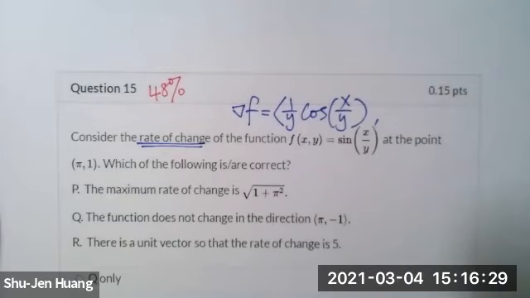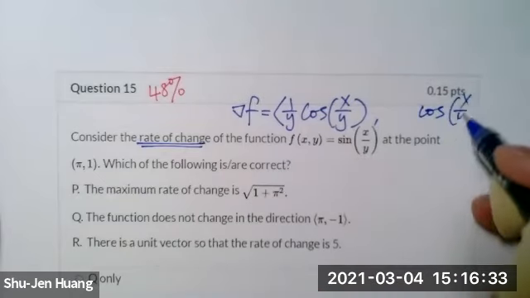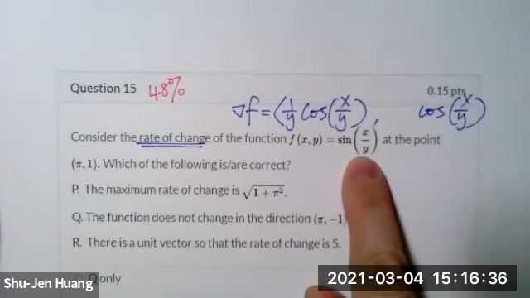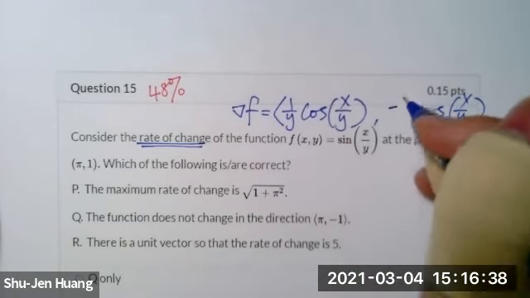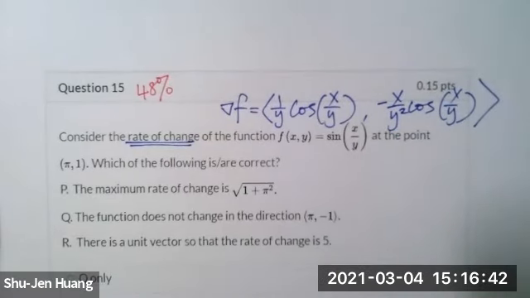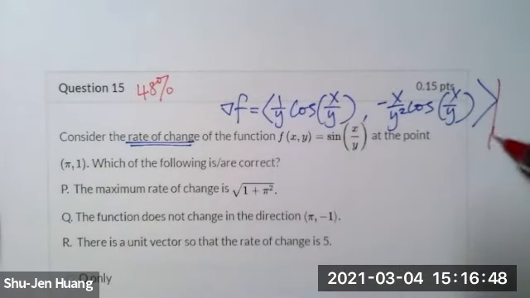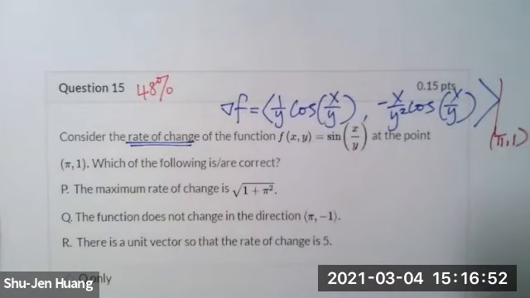The second component, take the derivative with respect to y. So we have cosine x over y. Go inside, take the derivative with respect to y. We have negative x over y squared. Is that good? So this is the gradient. Now we are going to consider the gradient at the point pi comma 1. We're going to plug in x equal pi, y equal 1 here.